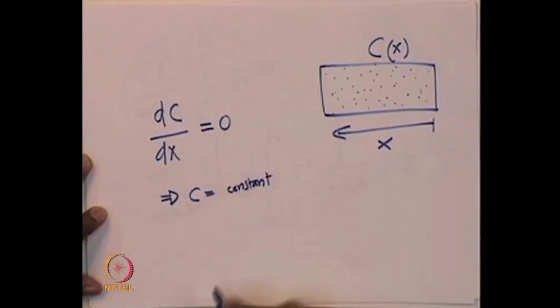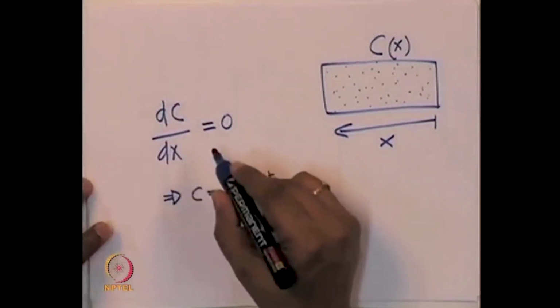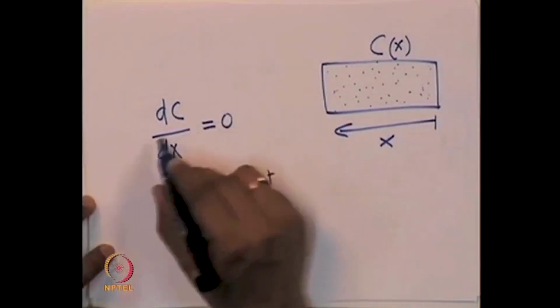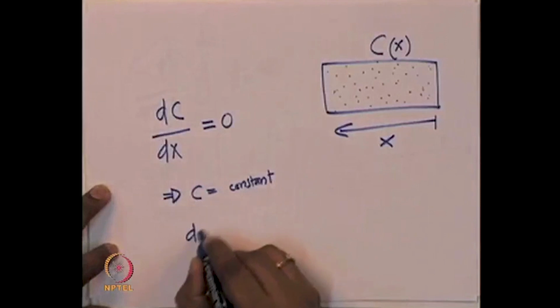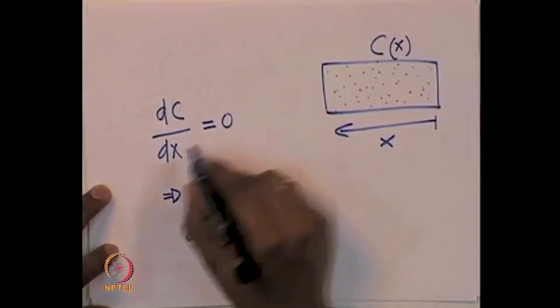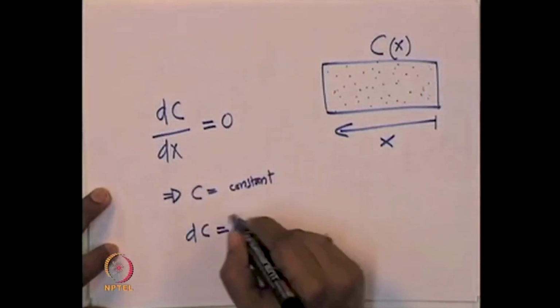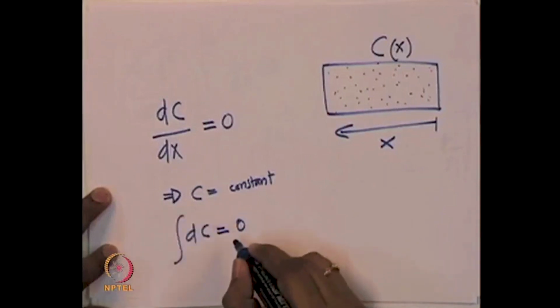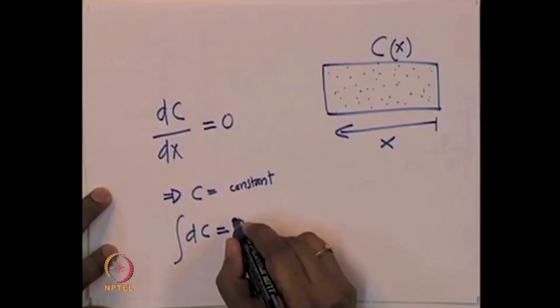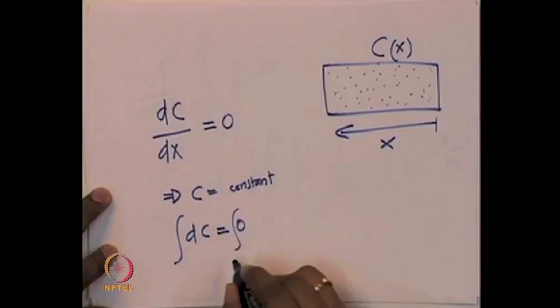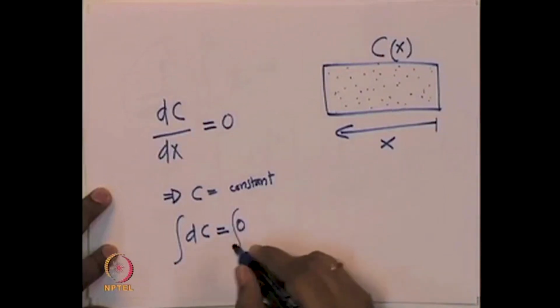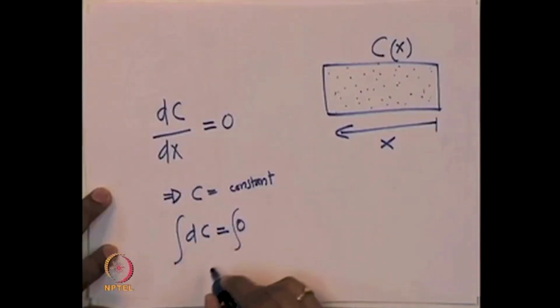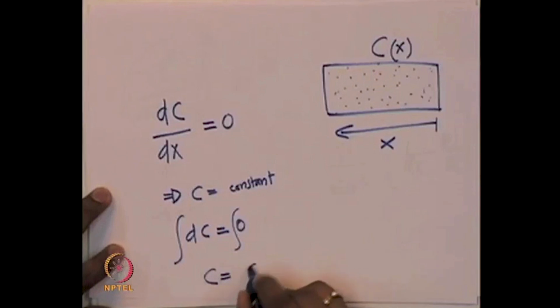This only means that C is a constant. How do you know that? Because you can integrate this equation. I can multiply both sides with dx. So, you will get dC equals 0, because 0 multiplied with anything is 0. Now, you can integrate this. 0 is anyway a constant, as there is a constant of integration. So, you will get C is equal to a constant.